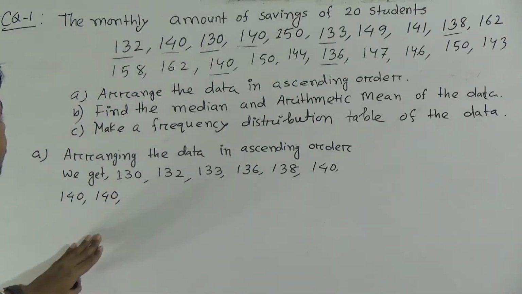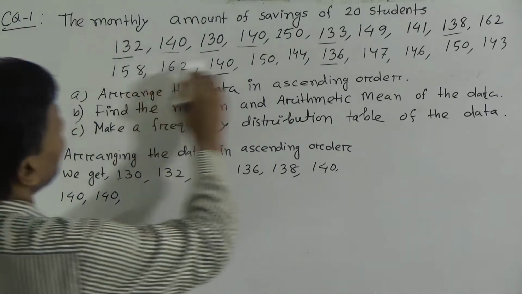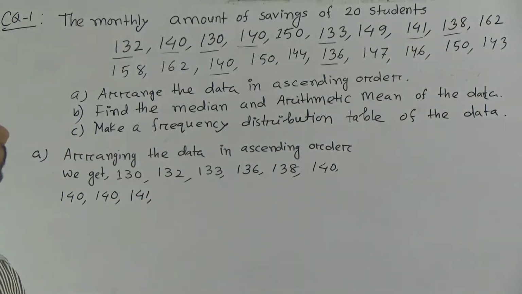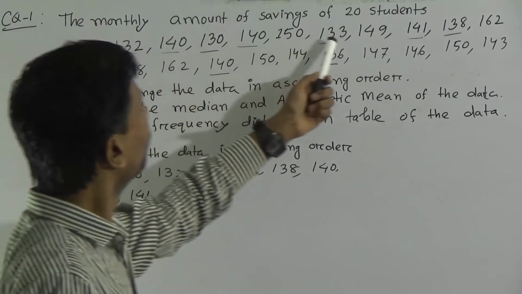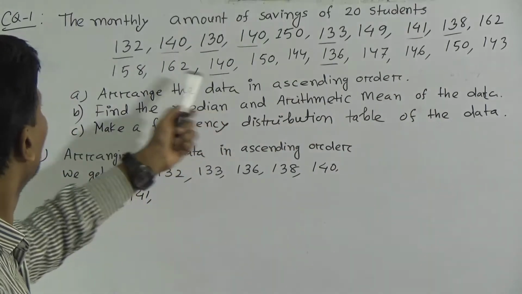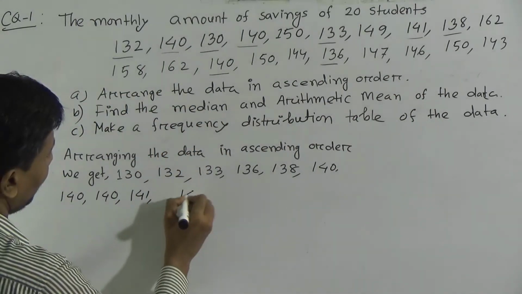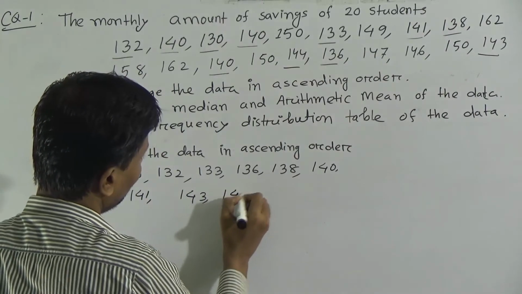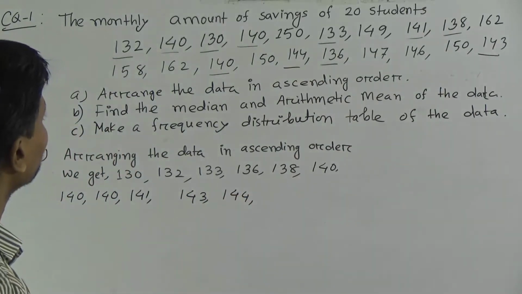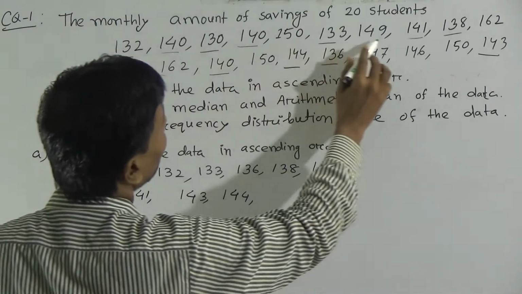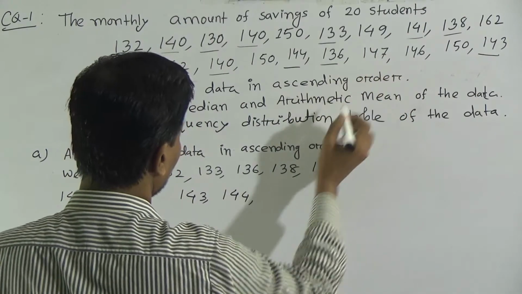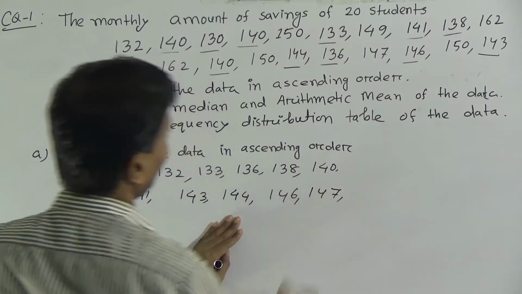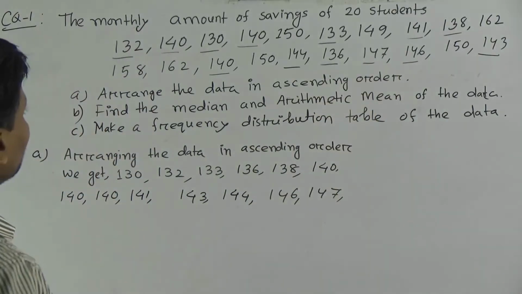Okay, now 141, then 143, right here 143, then 144, then 146, then 147. Okay, then which one? Count.